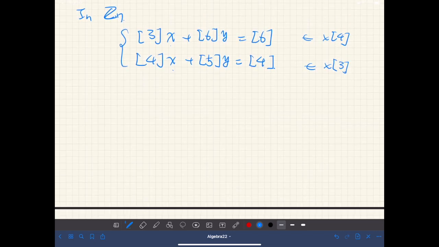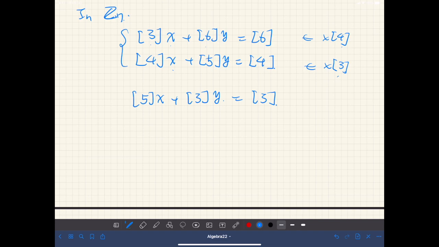So we have 4 times 3, which is 12, in modulo 7 that is equal to 5, and 4 times 6, that is 24, in modulo 7 that is equal to 3, and again this is 3.